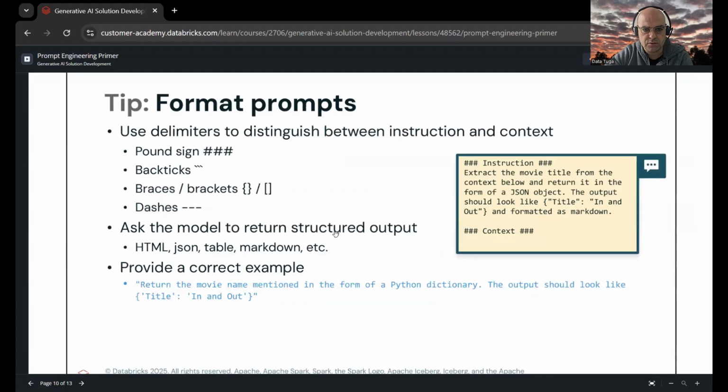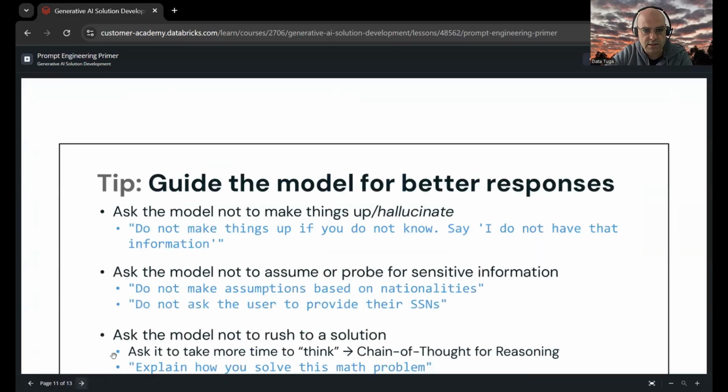And ask the model to return a specific structured output, and provide a correct example. Oh, I don't know how to write fast anymore. I left university 20 years ago. Specific output, and provide a correct example. Okay, next slide.